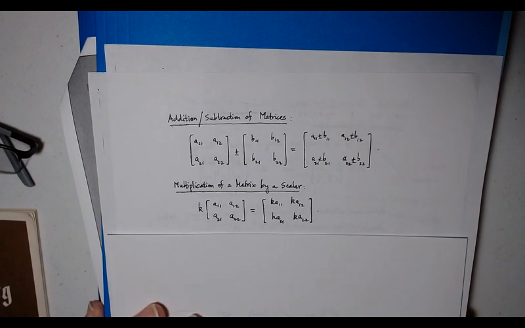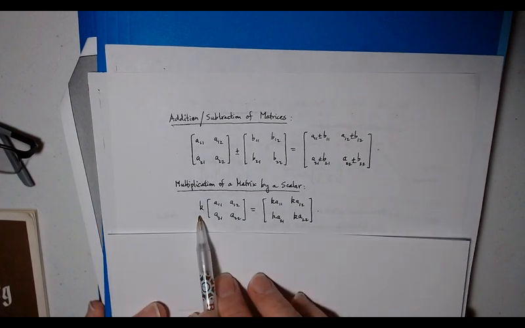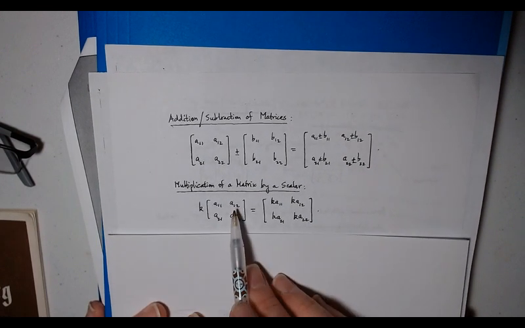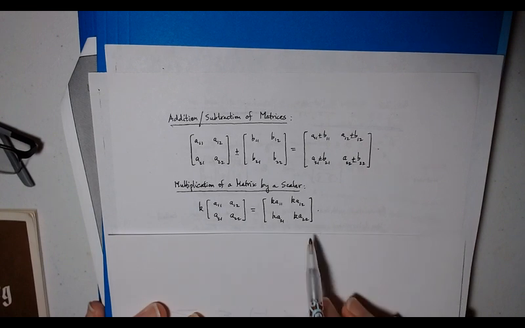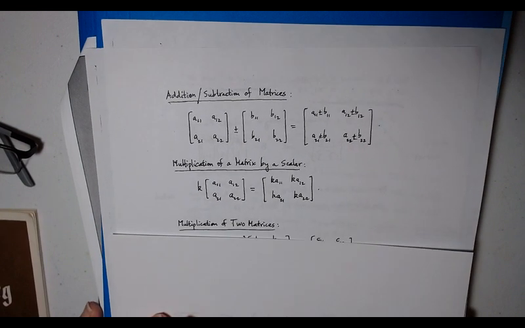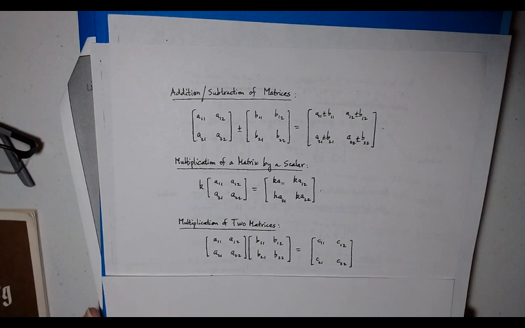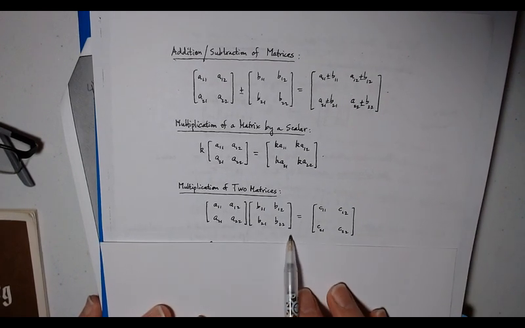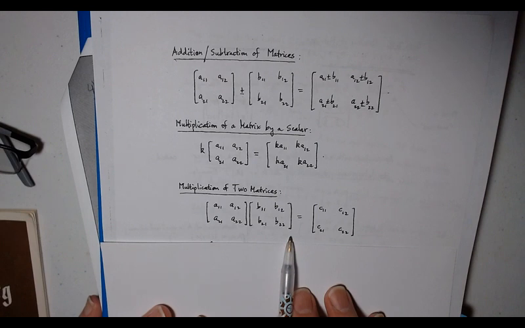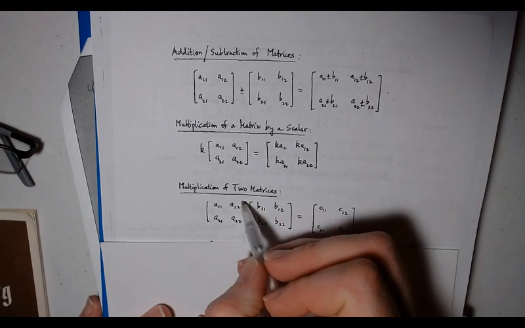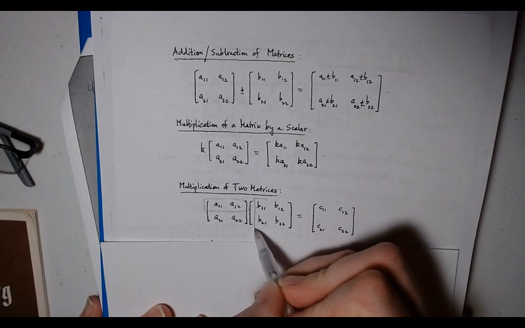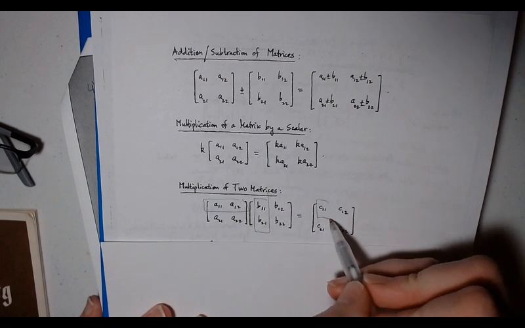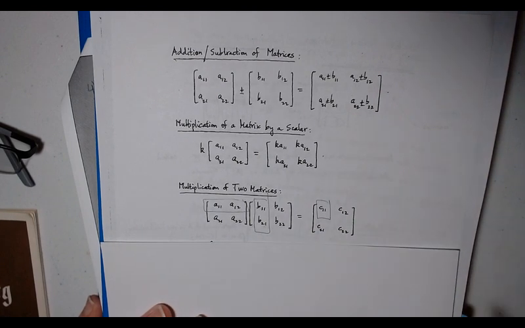We can multiply a matrix by a scalar. If the scalar is on the outside, it's the same as multiplying every position in the matrix by that scalar. If we want to multiply two matrices together, it's easy if they're square matrices. You just are going to multiply the first row by the first column, and that goes in the first position, and then repeat.